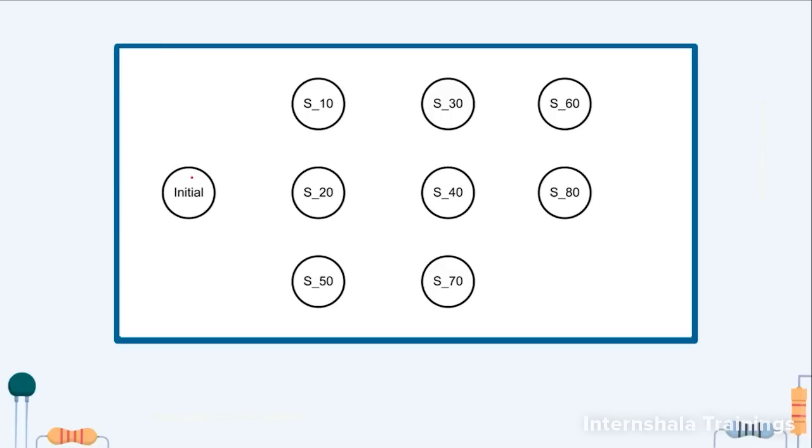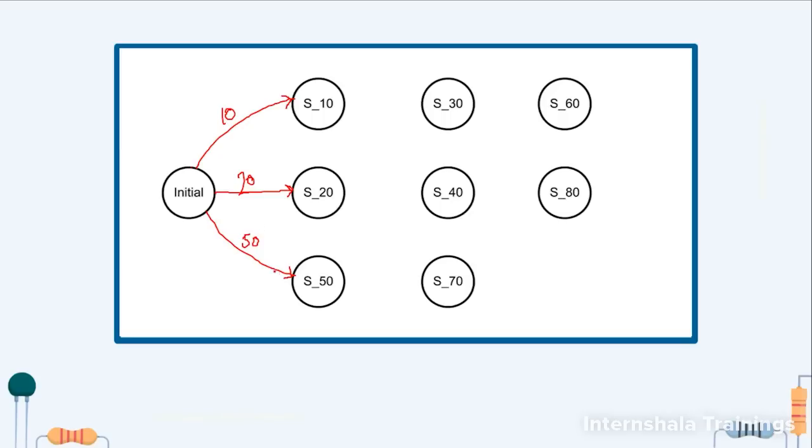So initially when nothing is entered, we are at S initial. If the user enters 10 rupees, then we will traverse to S10. If the user enters 20 rupees, we will go to S20, and if the user enters 50, then we will go to S50. So from the initial state, we have 3 different inputs, 10, 20 and 50.